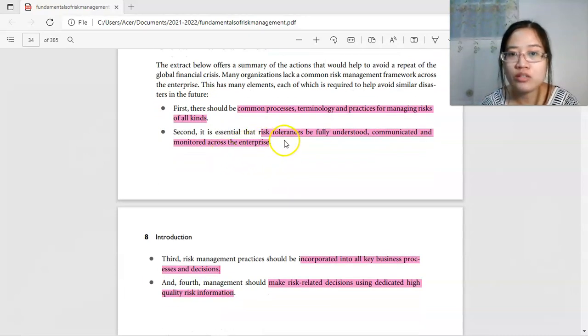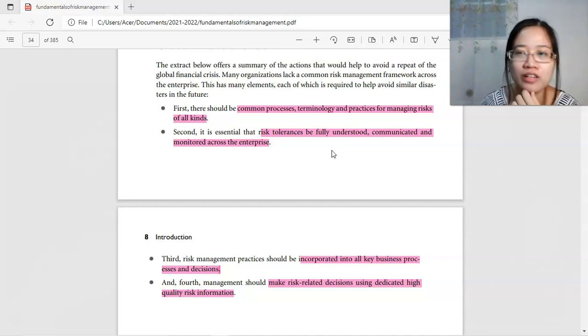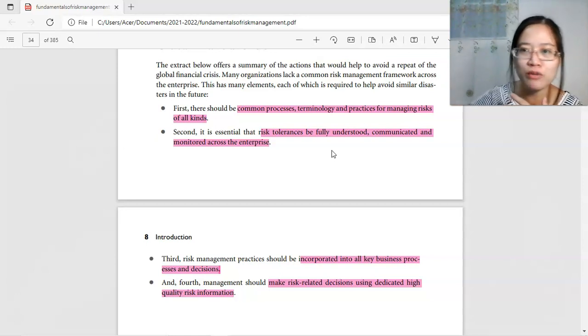Second, it is essential that risk tolerances be fully understood, communicated, and monitored across the enterprise. Okay? Minsan kasi communication din talaga yung nagiging problem. Kasi you have the results, pero ang nakakakita lang ay certain people. Hindi nila alam, kailangan din pala nung kabilang grupo itong information na ito.